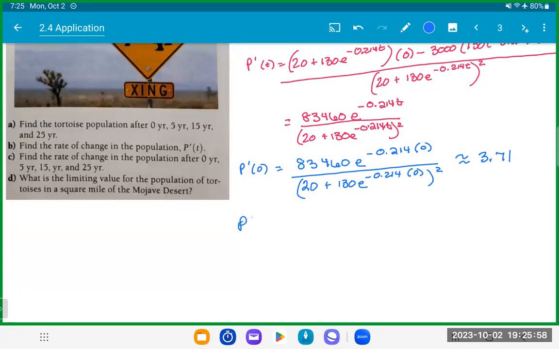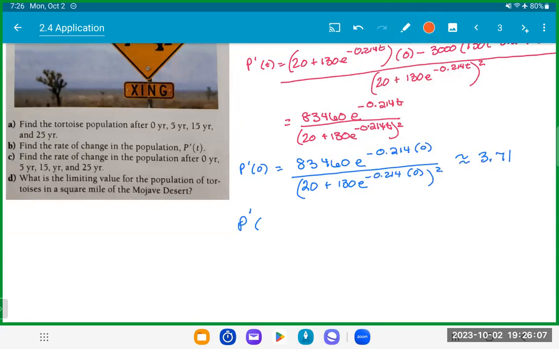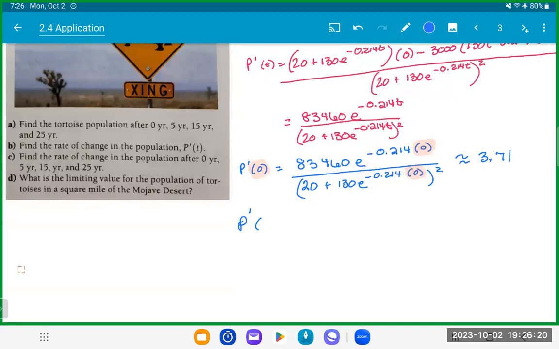And I'm not going to rewrite all of this with each of these years, but I will highlight this value here, which is what changes from the derivative evaluated at 0 versus the derivative evaluated at 5 years versus the derivative evaluated at 15 years and the derivative evaluated at 25.